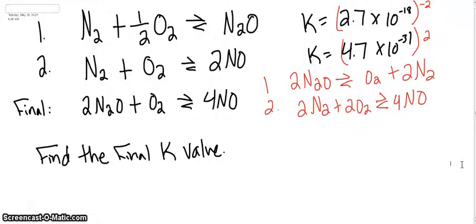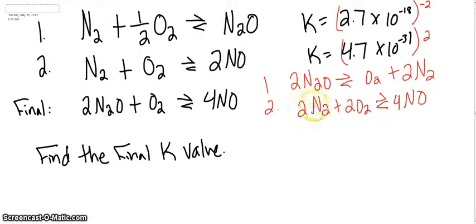So, if you look over here, what we did first was we reversed the first reaction, but we also multiplied it by 2. So that gives us a K value of 2.7 times 10 to the negative 18th to the negative 2nd power. Now the second reaction, all we had to do was double it.